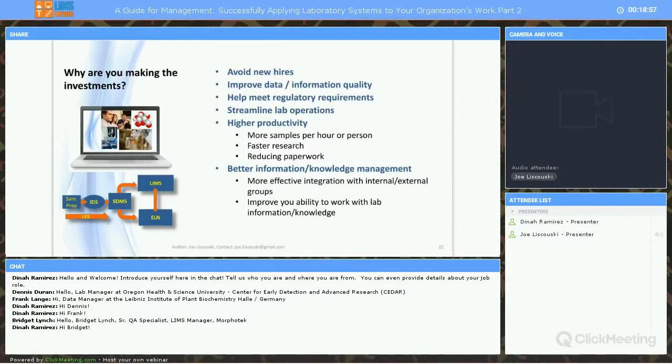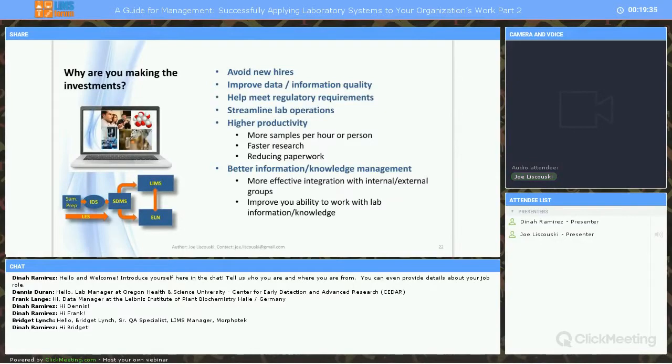Some of the benefits from making investments can be summarized as follows: avoiding new hires, improved data and information quality, helping meet regulatory requirements, streamlining lab operations, higher productivity, which can be measured in more samples per hour or person, faster research and reducing paperwork, better information and knowledge management, more effective integration with internal and external groups, improving your ability to work with lab information and knowledge.